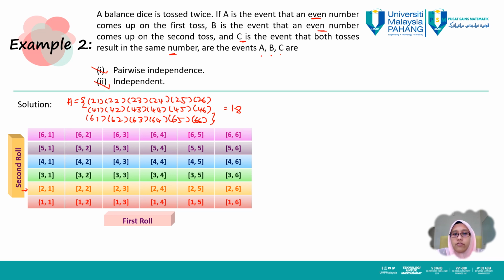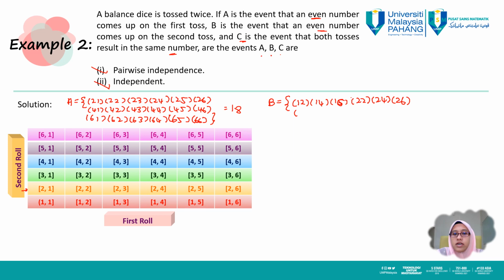How about event B? Event B, the even number comes up on the second toss. That means we will have (1,2), (1,4), (1,6). Then we have (2,2), (2,4), (2,6).